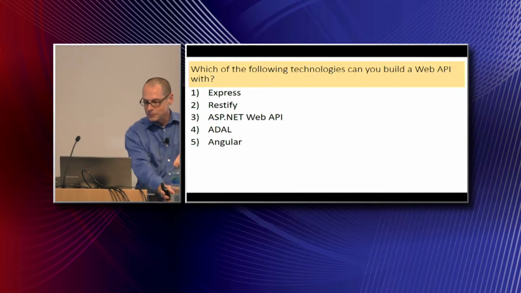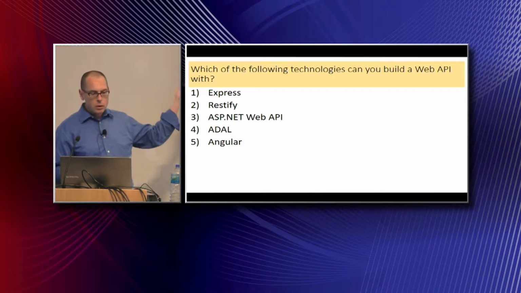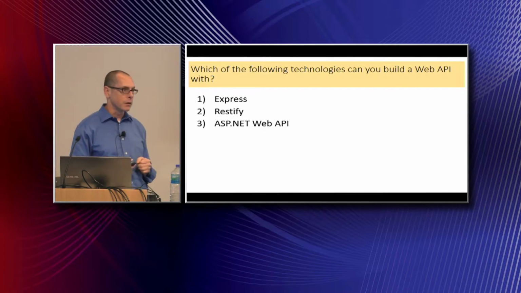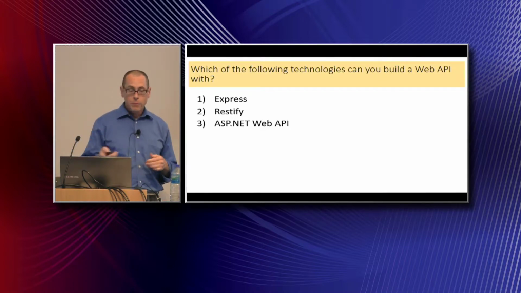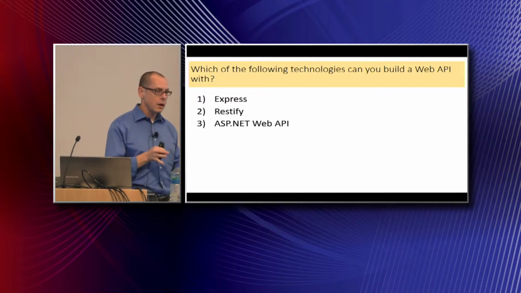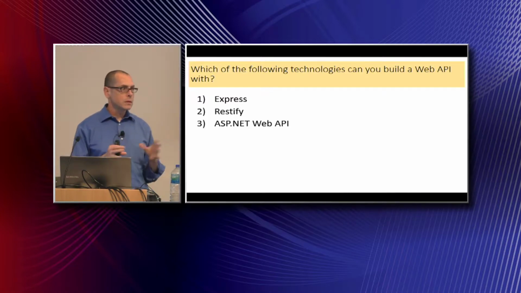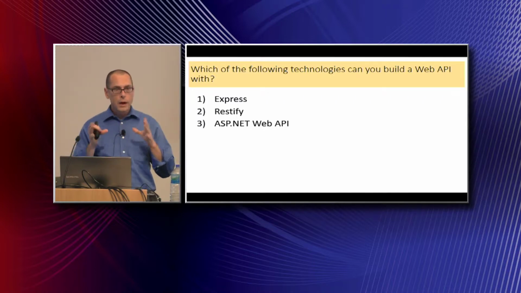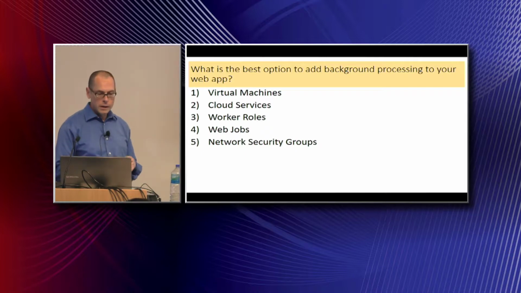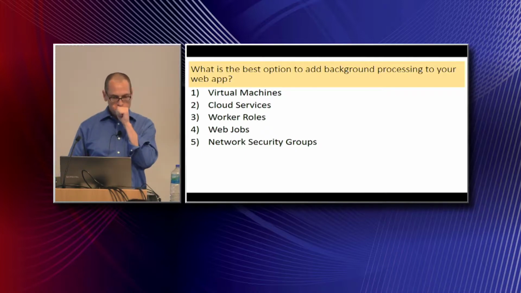Yeah, that's it. So 1 and 2 are Node technologies, and then 3, of course, is ASP.NET Web API. And I put that on there because the exam has some stuff that's Node sensitive. So it's not just ASP.NET Web API. You might really want to pay some attention to Node.js as well.